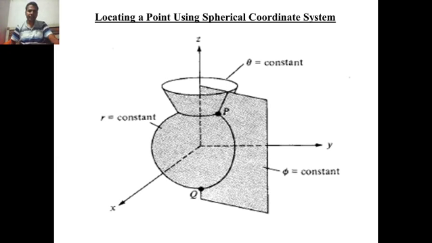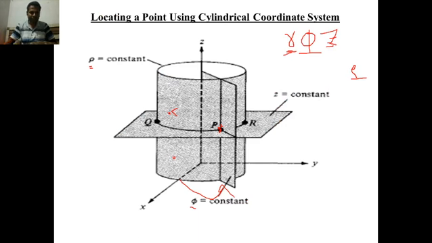So here this particular diagram shows you how to get a coordinate of any point P with the help of spherical coordinate system. With the help of spherical coordinate system, obviously you require r equal to constant plane. I just mentioned to you that in some of the literature, first plane r is written with the help of rho. R and this rho, whenever you encounter in this particular electromagnetic subject, both are the same.